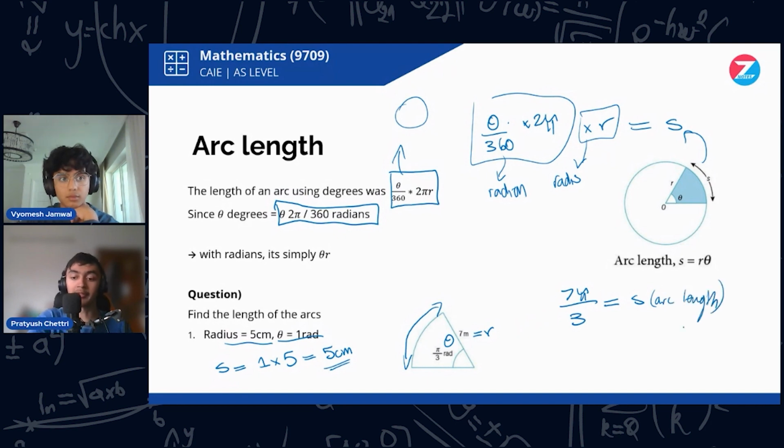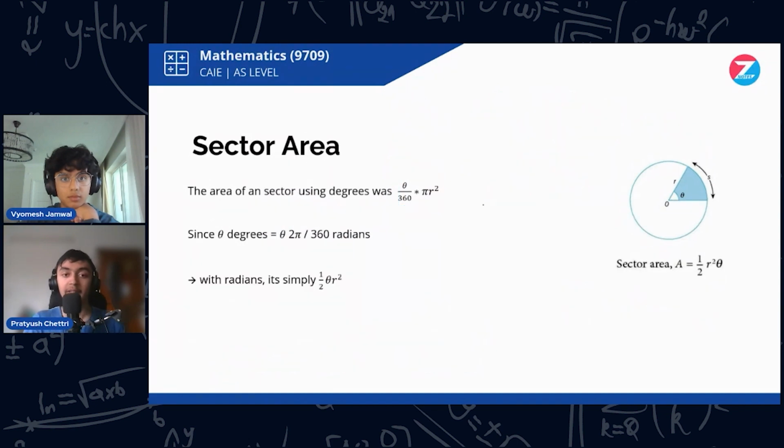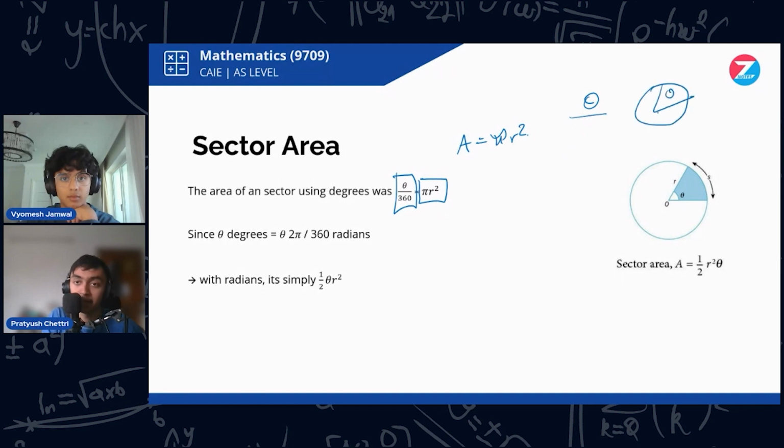We'll cover more questions in the workout section. And now the sector area, which comes from the same idea. Now, if you take the area equal to pi r square, and you take a slice of that, like slice angle out of the whole 360 degrees, that'll give you the area of that sector, won't it?